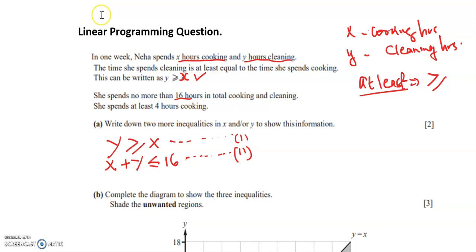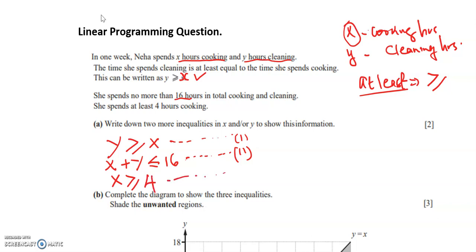Then you are also told that she spends at least 4 hours cooking. So cooking is X. And we say that at least means equal or greater. So therefore, we can now say that X is greater or equal to 4 hours, at least 4 hours.